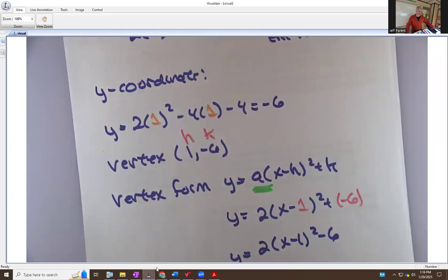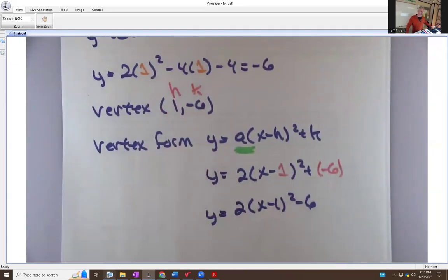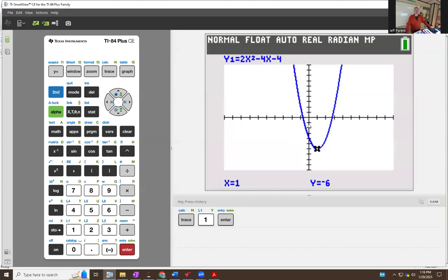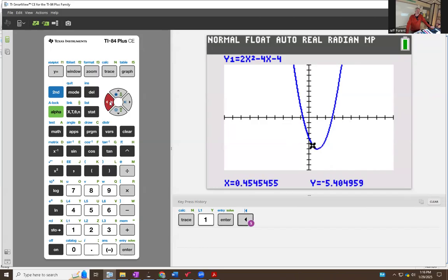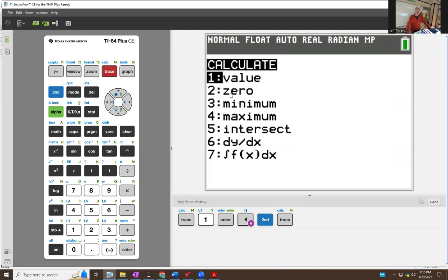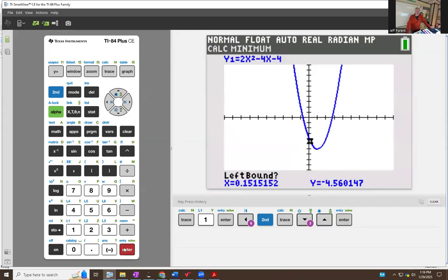Nice. If it wasn't clear at all, if you couldn't read what was going on with your vertex here, what you could do is calculate the minimum. So you hit the second key, then calculate. You want the minimum, or it could be a maximum if your parabola opened upside down. In this case, it's a minimum.